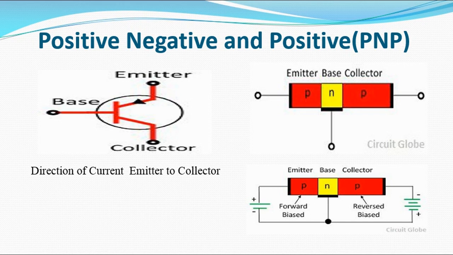Now, the bias is reversed because of the arrow. The arrow is what also tells you the direction of the current. It shows you how the current is moving, because NPN and PNP are current control devices. In the PNP, the emitter is positive, the collector is also positive, while the N is the negative, being the base.